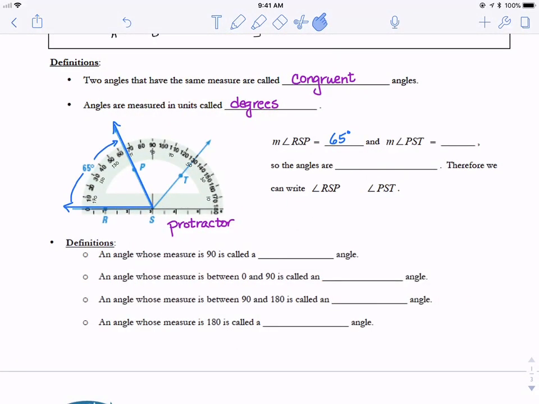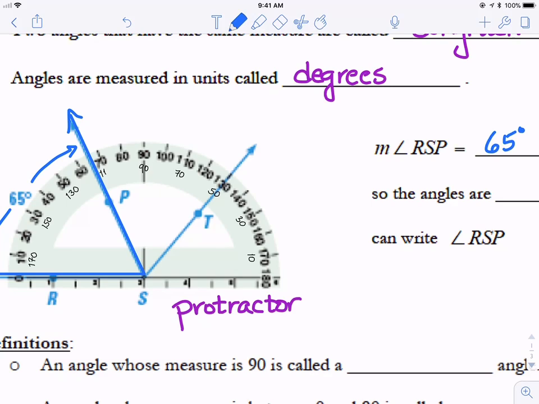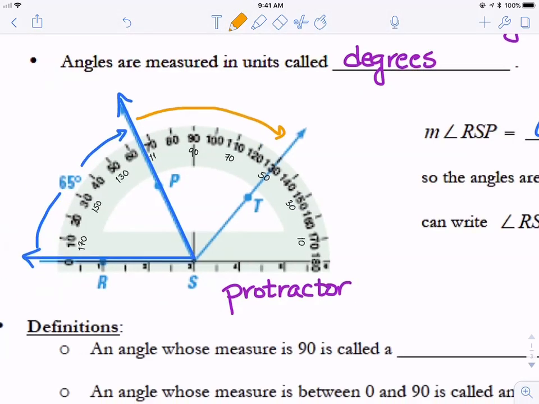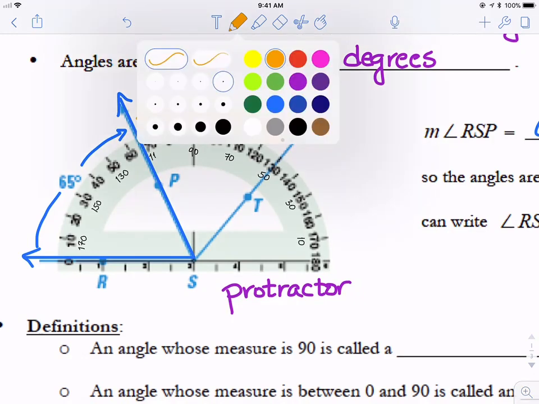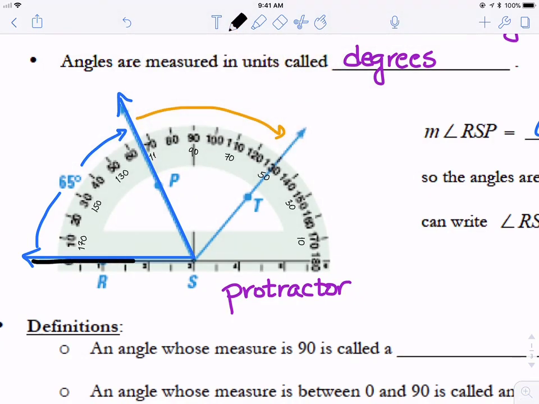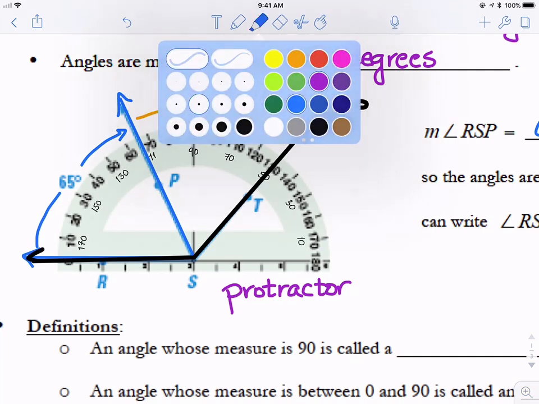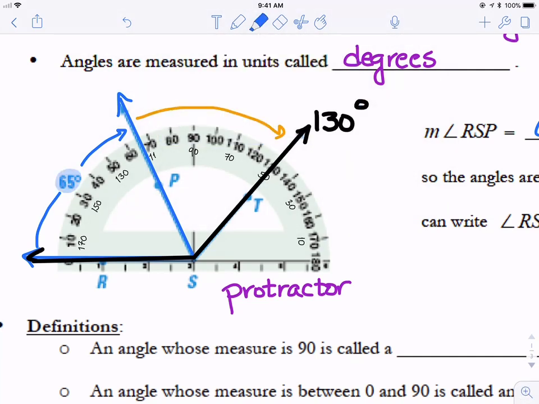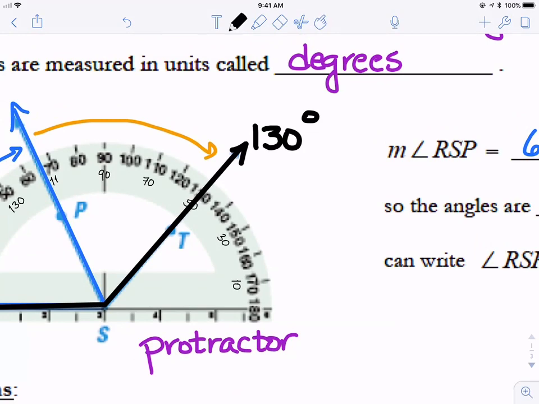And then the measure of angle PST, from here to here. Well, since the big angle measure, RST, is hitting right here at 130 degrees, and this was 65 over here, 130 minus 65 would mean that the leftover angle here would also have to be 65 degrees.